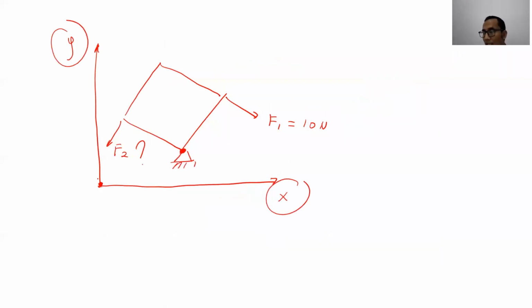But in most of the cases that we will solve in statics class, it will be two-dimensional, so the problem can be solved with only two axes, x and y.